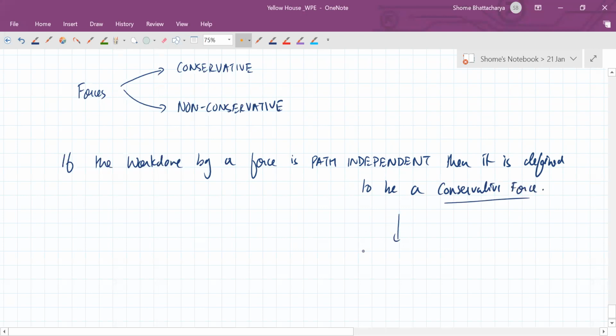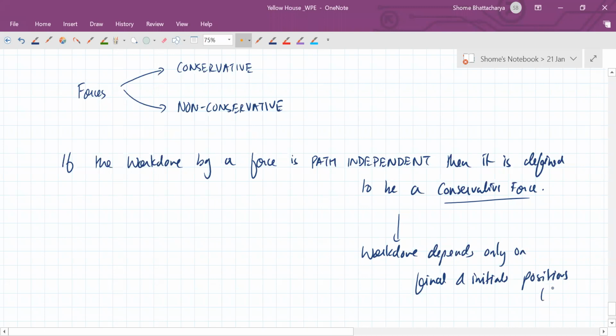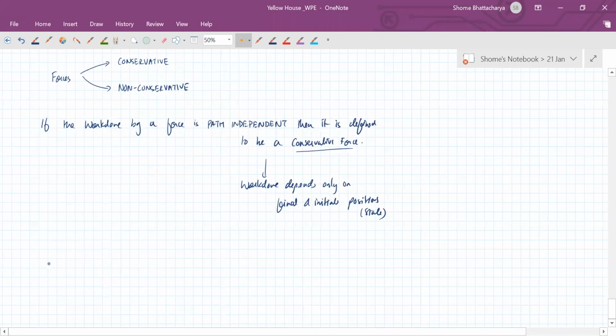So for a conservative force, the work done depends only on the final and initial positions or state. It is independent of the path. Whereas for a non-conservative force, the work done is path dependent.